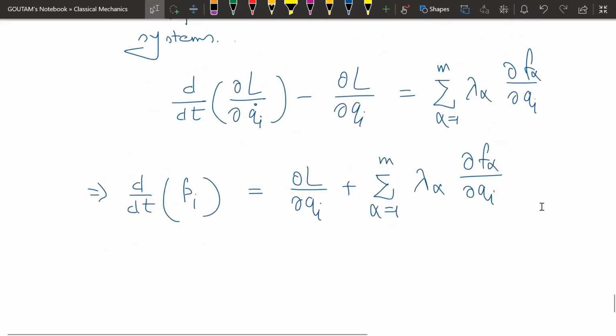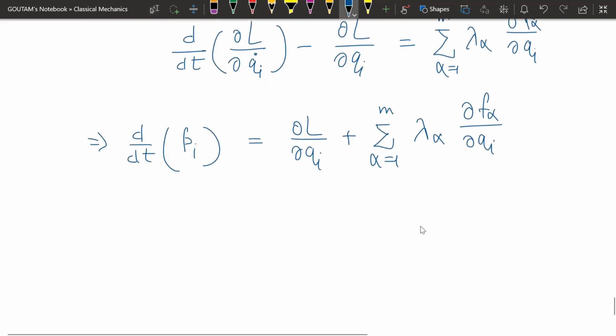Now if we want this p_i, this canonical momentum, to be conserved, or if we want this d/dt of p_i to be 0, in that case, this term should also be 0. Along with that, this term should also be 0.